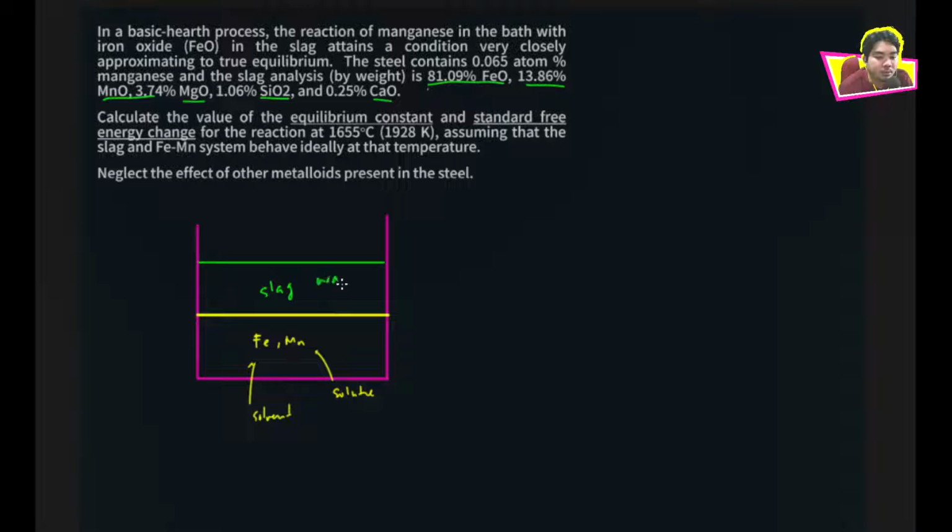So slag lang oxides. It will contain the oxides. No? Okay? So, ang sinasabi niya na we are at equilibrium, this is saying na yung exchange between yung slag natin and so yung conversion kumbaga ng Fe to its oxides and Mn to its oxides will be parang equal na no, yung forward reaction to become an oxide and yung reverse reaction to become a pure metal, parang yung rate nila is equal na no.